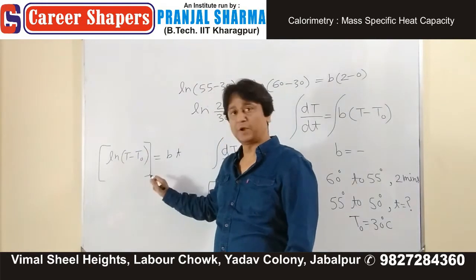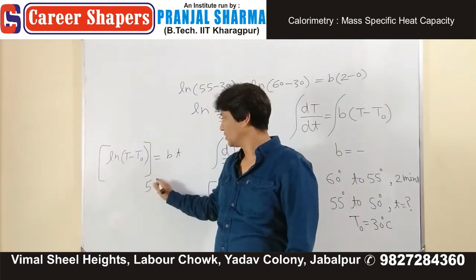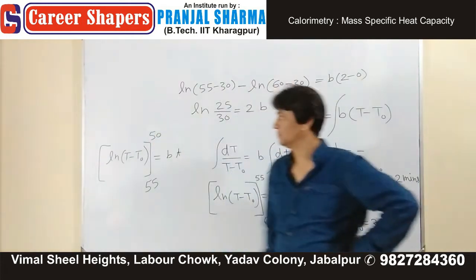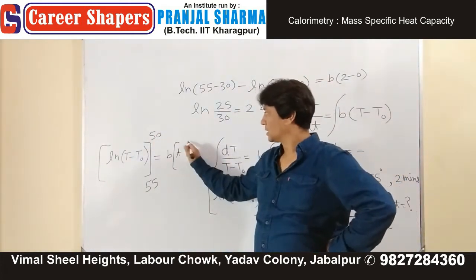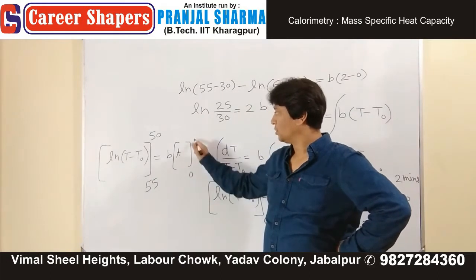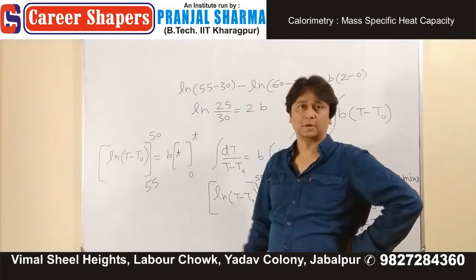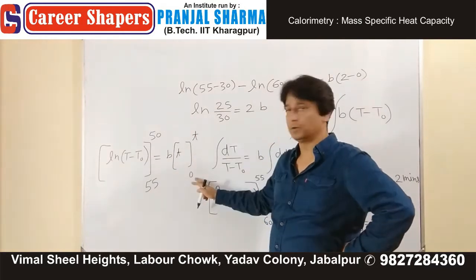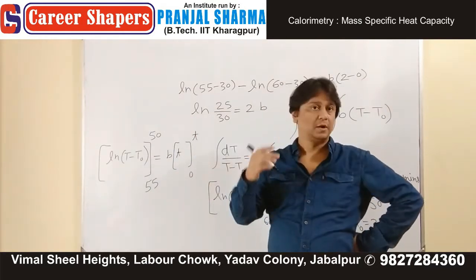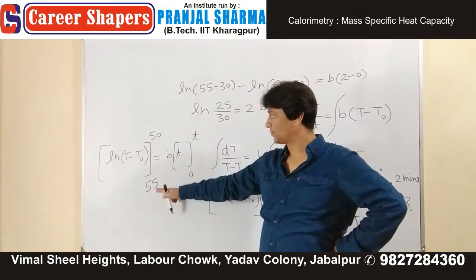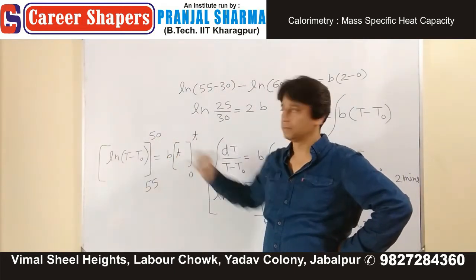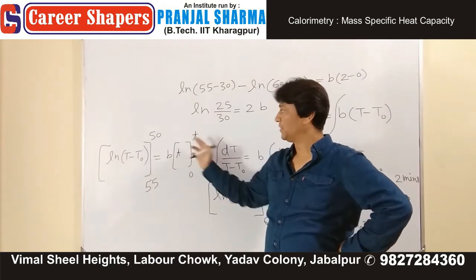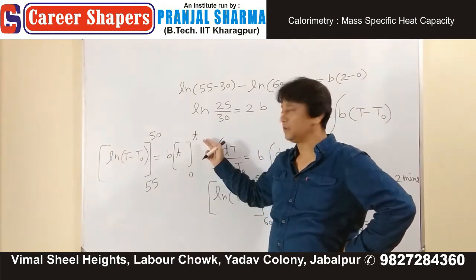This time temperature drops from 55 to 50, time 0 and T. When temperature is 55, let's say time is 0. We need to find in what time temperature drops from 55 to 50. So let's say 55 is 0 and 50 is T. So we can directly find T.